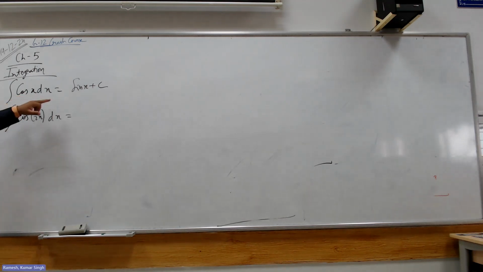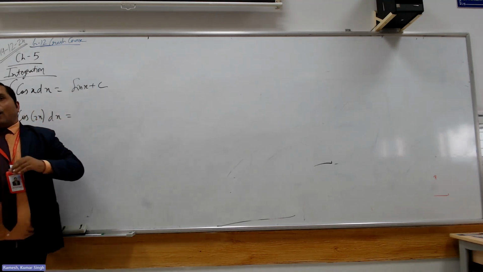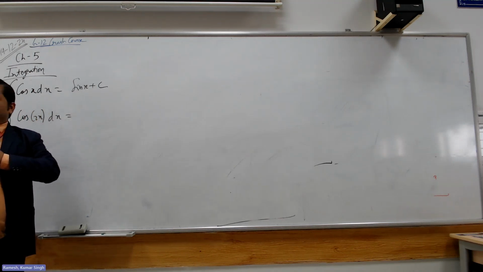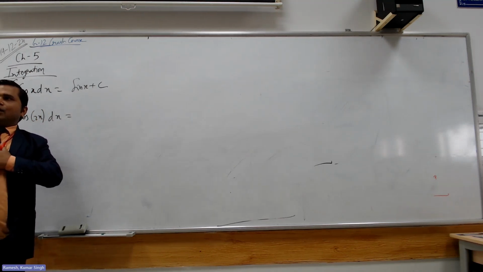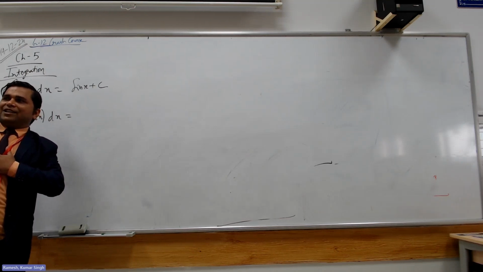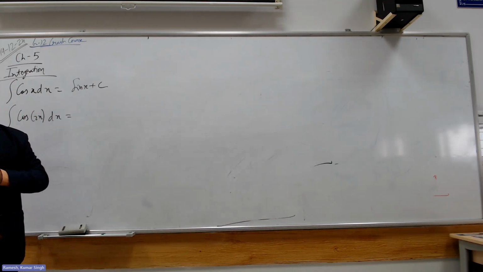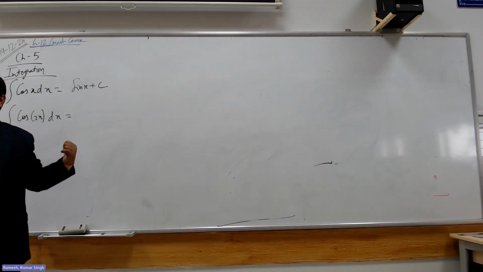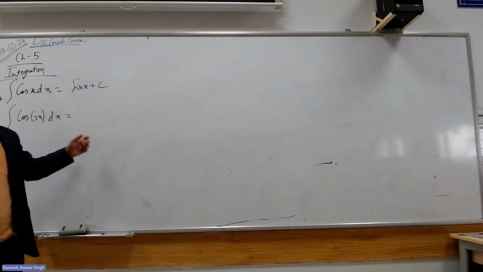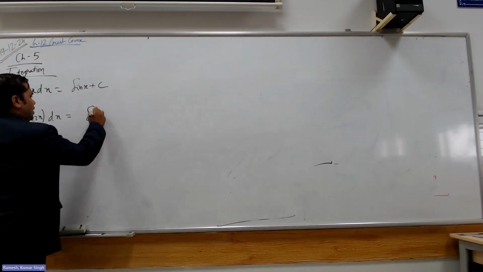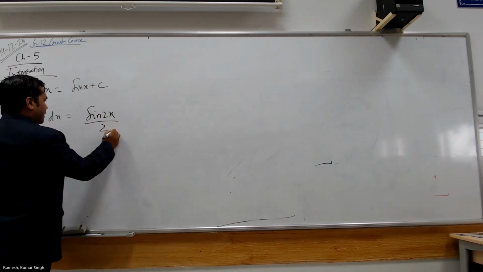If integration of cos is sine, then for cos 2x, see, integration is the opposite of differentiation. Whenever we differentiate using the chain rule, 2 goes in multiplication. But when we are doing integration, what's the opposite of multiplication? Division. So this 2 is going to be division.